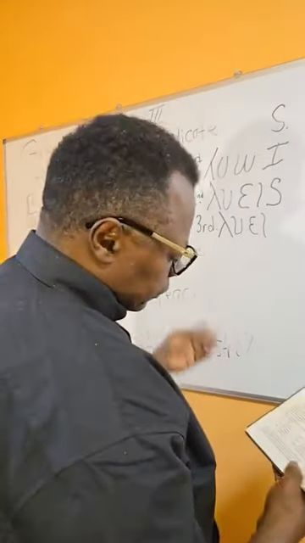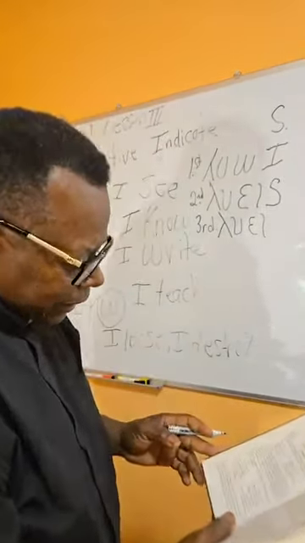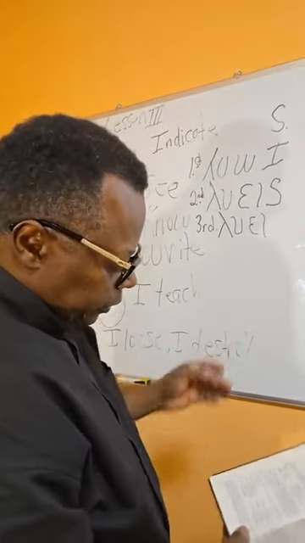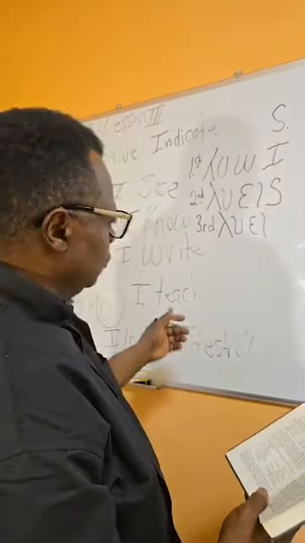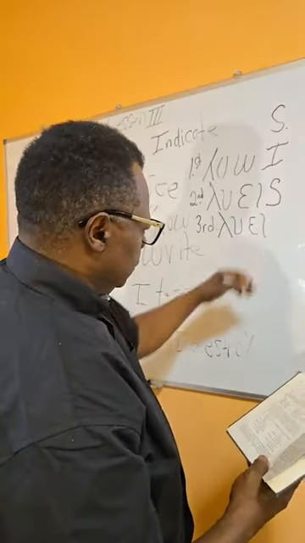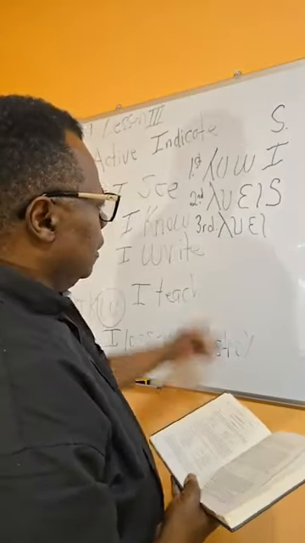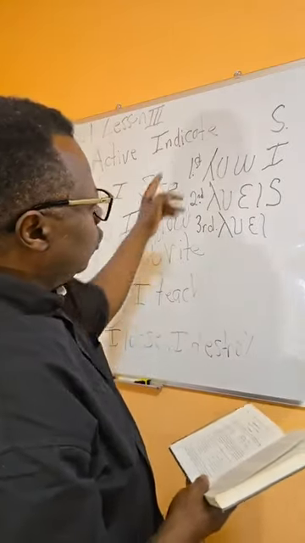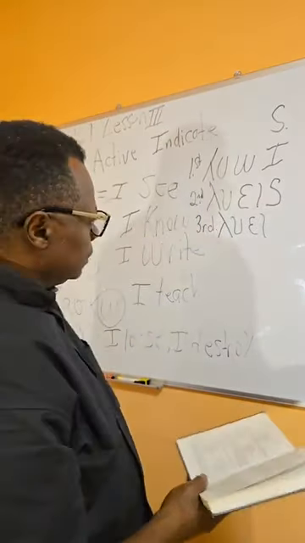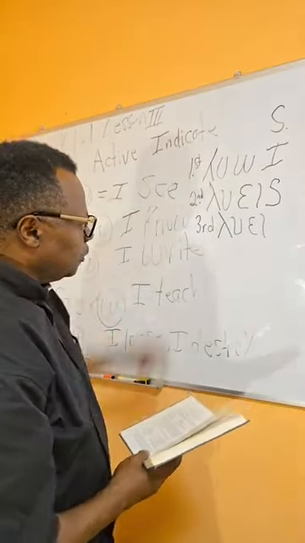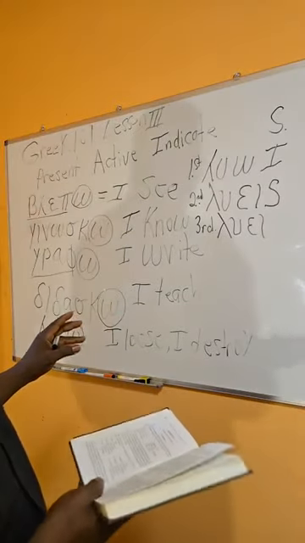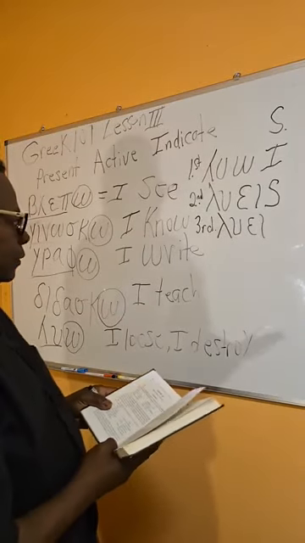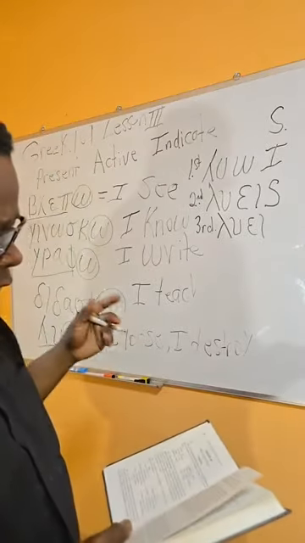All right, and then this old book has it, he is loosing, but most modern texts don't put he is loosing. They just say he looses. Luei. Lueis, you loose. Luo, I loose. See, first person, second person, third person. We're dealing with Greek verbs now. You've got to learn the verbs and the endings for the first person, second person, third person.